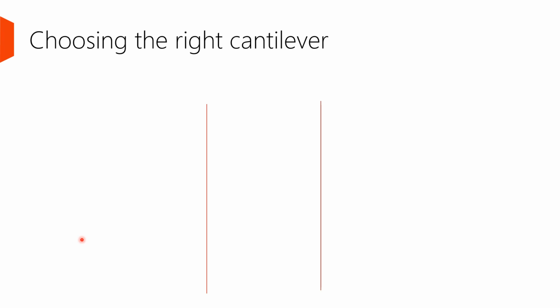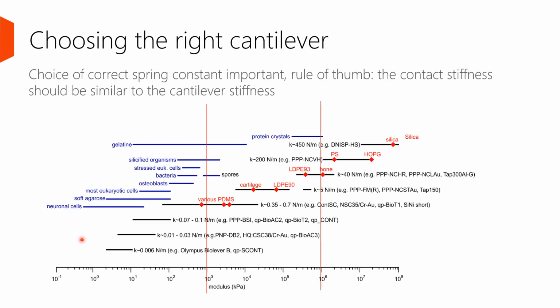For choosing the right cantilever, the basic strategy is to select the one that has comparable stiffness to our sample. This table is very useful. We can always come back to check what cantilever is appropriate for our sample.